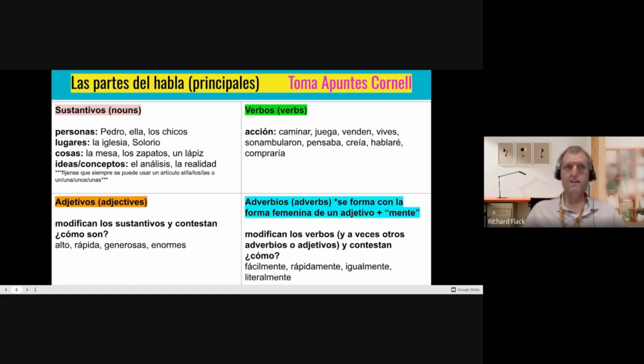Fácilmente, easily, rápidamente, quickly, igualmente, equally, literalmente, literally. So here under adverbs, you should have they are formed with the feminine adjective plus mente. They modify verbs and sometimes adverbs, adjectives, and pick one or two examples to answer how.